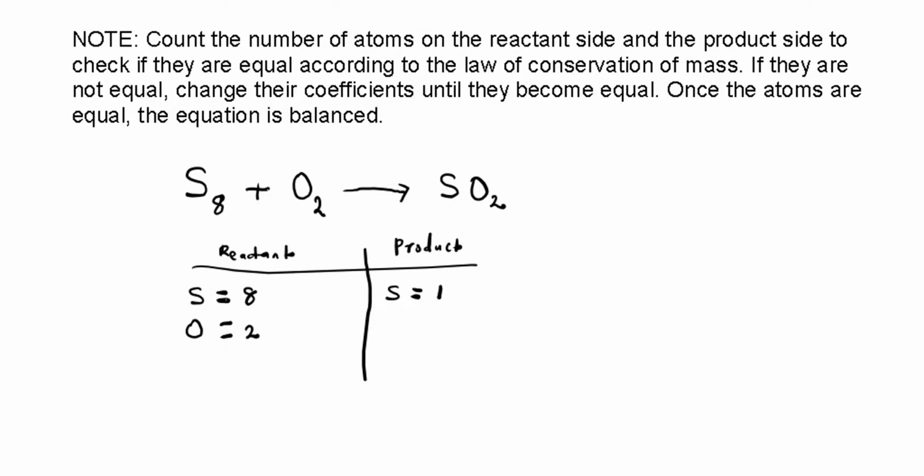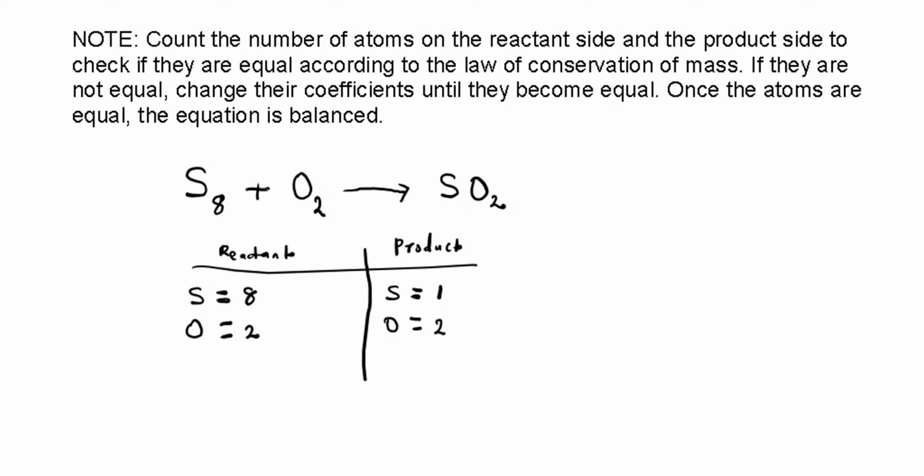The atomic number is 1, but you do not write it. Okay. So let's see, oxygen has atomic number what? In the product side.